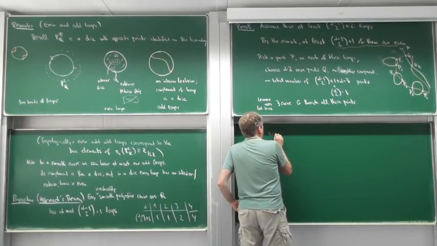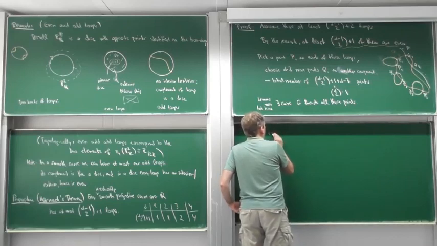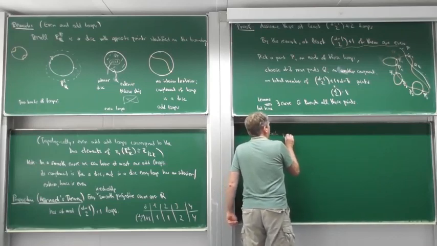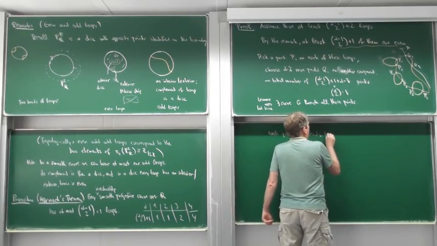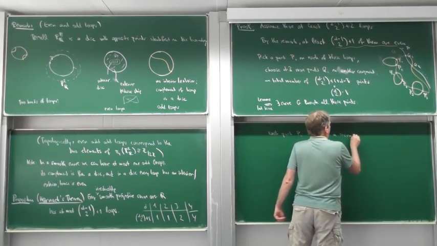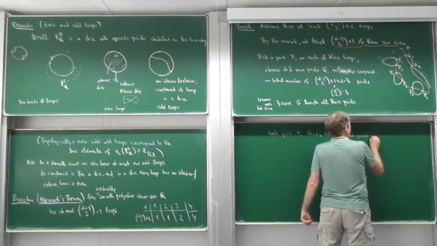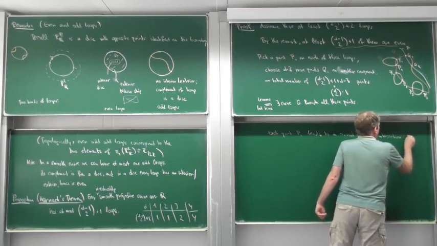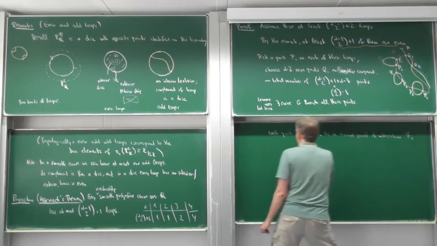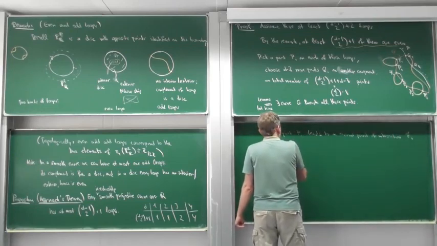So say each point Pi leads to a second point of intersection, which is called Pi tilde in the picture, and that is because these loops are even.